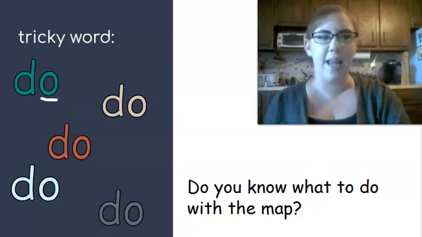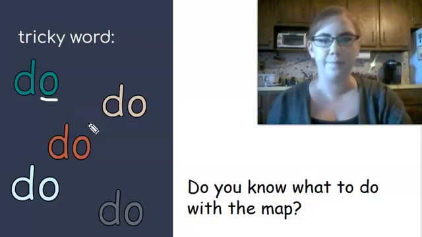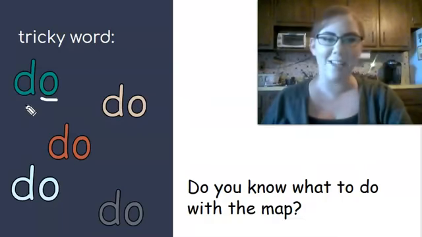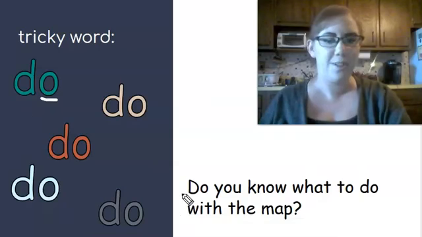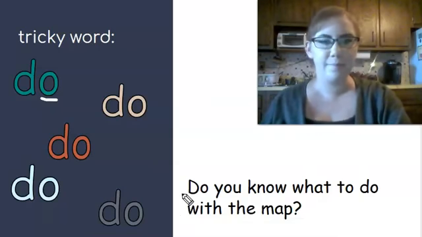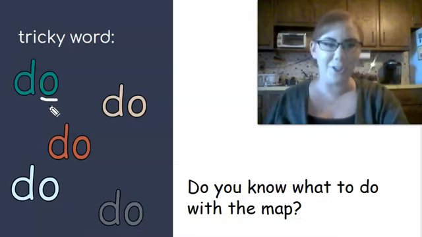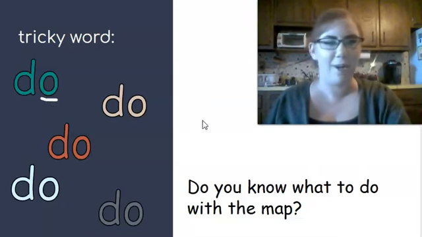That means it is do. What's this tricky word? That's right, do. Repeat the sentence after me. Do you know what to do with the map? What's this tricky word again? Do. Good job.